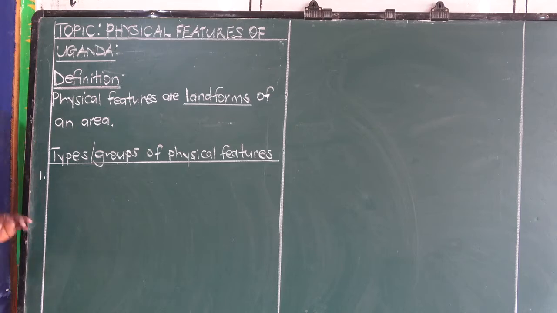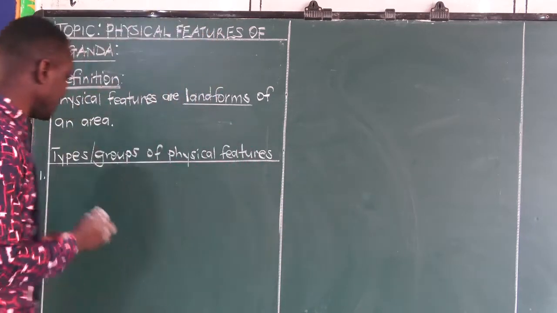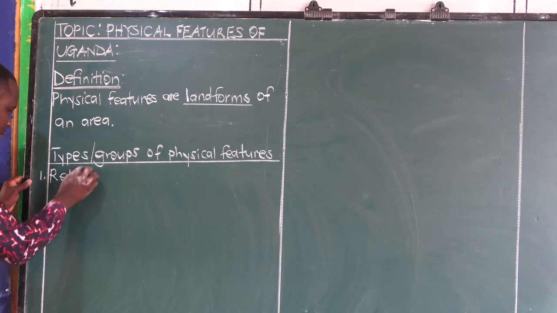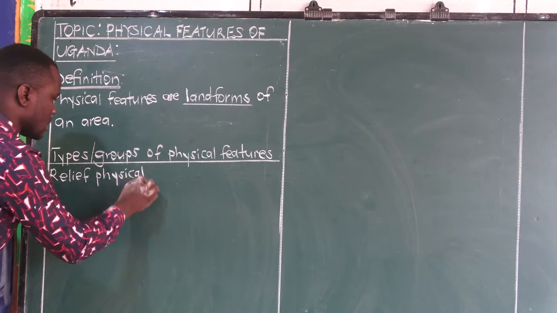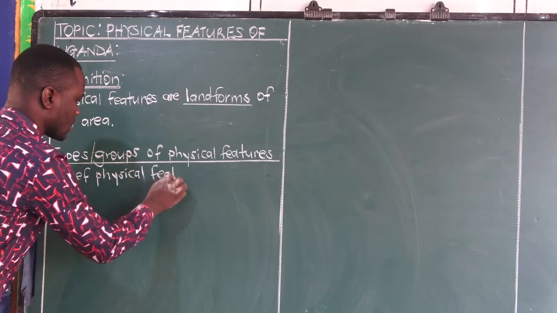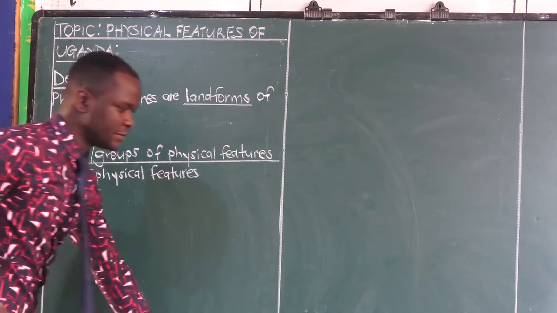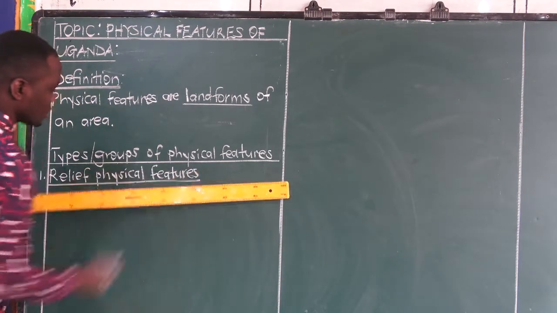Number one, we have what we call relief physical features. This is the first type we are going to look at.